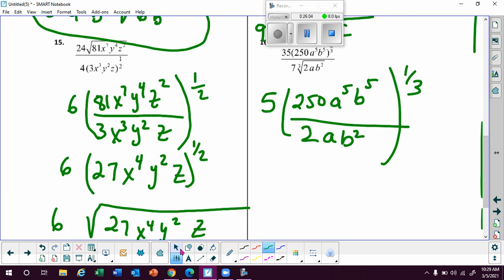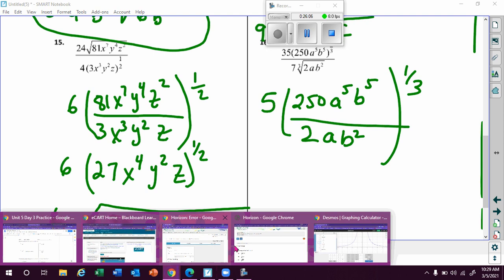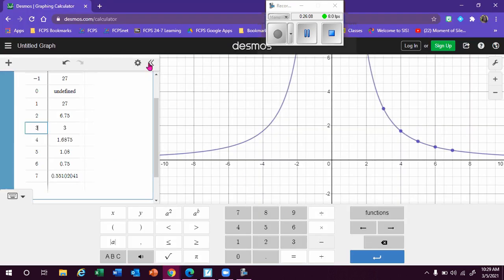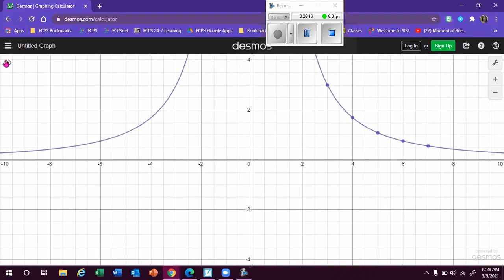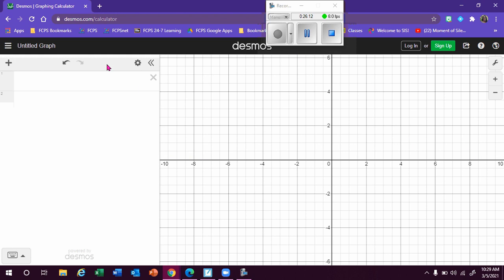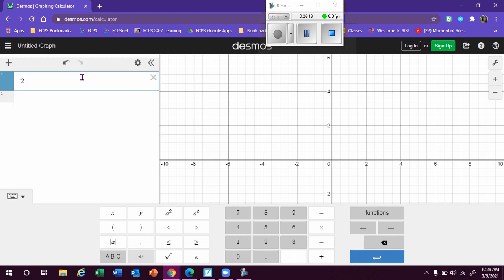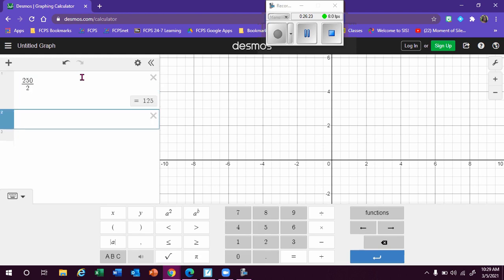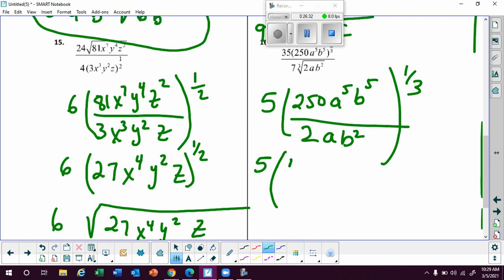So I know 250 divided by 2 is, let's just do it, 250 divided by 2. Oh, it'd be good if I was writing it right. Divided by 2 gives you 125. So I have 5 and then 125 on top.